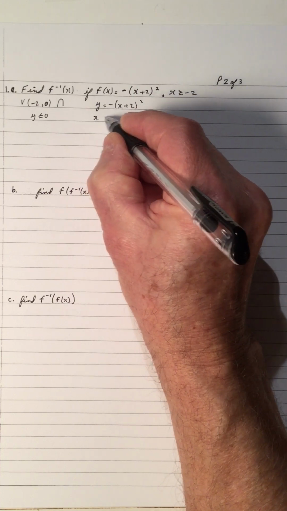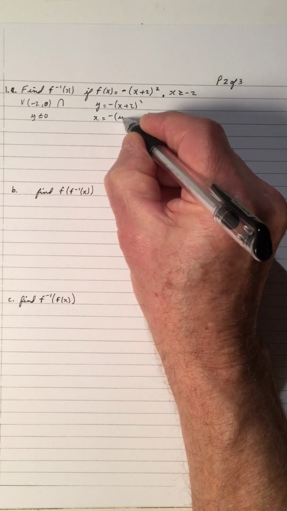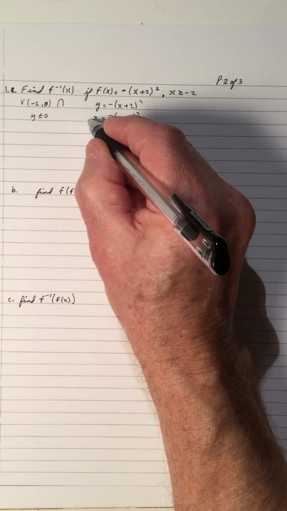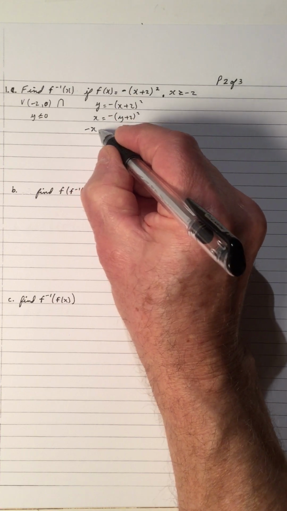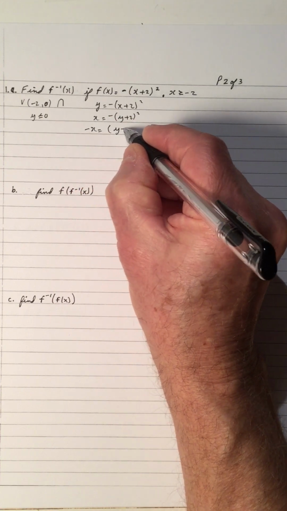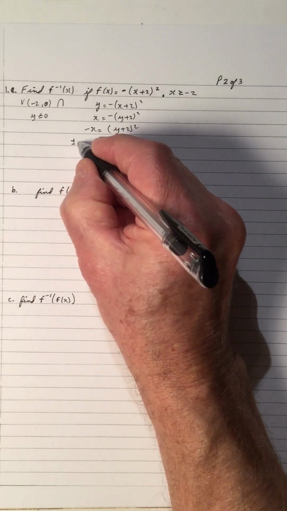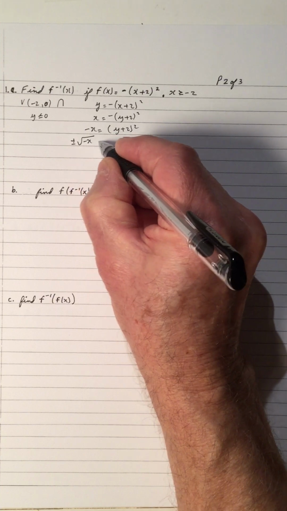We switch the y to an x and an x to a y. We multiply each side by negative 1. Negative x equals positive y plus 2, all squared. And we do the plus minus, we do the root of each side.